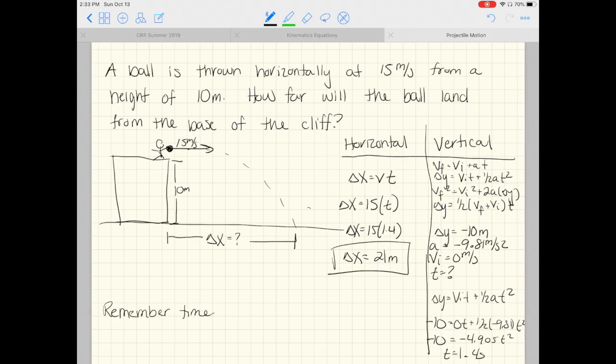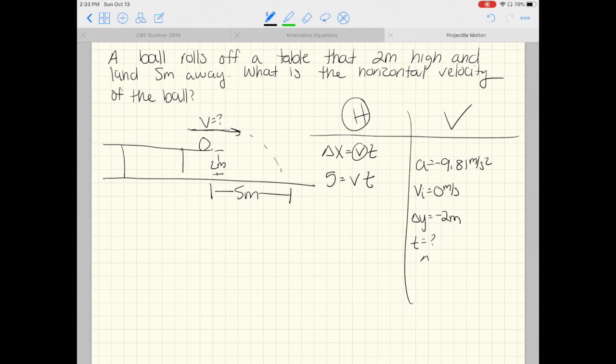So just like before, I can use the second equation to figure out my time. Negative 2 equals 0t plus 1/2 of negative 9.81 t squared. Negative 2 equals negative 4.905 t squared.